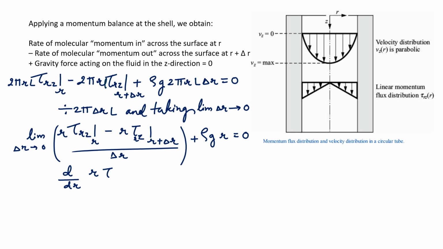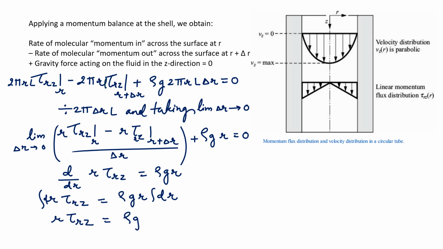Now this equation becomes d by dr of r times tau rz equals rho g r. Now on integration, what do we get? r tau rz equals the integral of rho g r dr. This gives the equation r tau rz equals rho g r squared upon 2 plus c1.